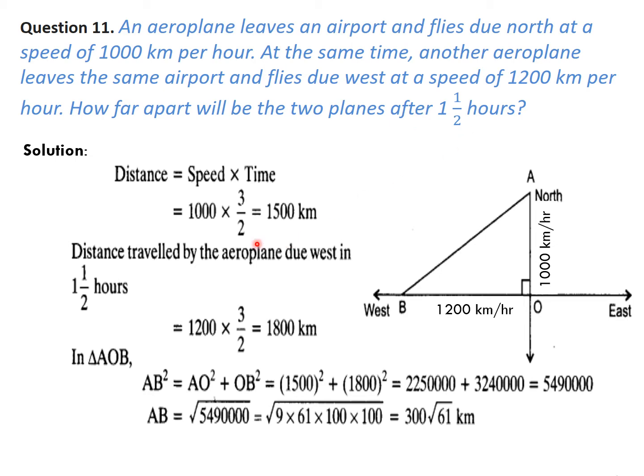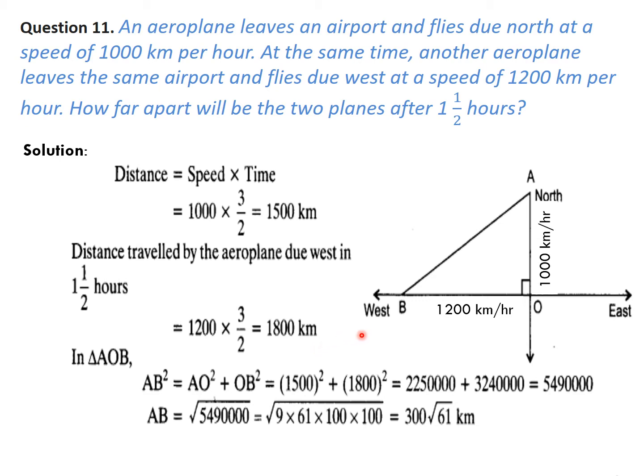So 1.5 hours is equal to 3 by 2 in time. Ultimately we get the distance covered as 1500 kilometer. Distance traveled by the aeroplane due west in 1.5 hours is 1200 kilometer for 1 hour, and now they have to travel 3 by 2 hours. So we'll get 1800 kilometer.